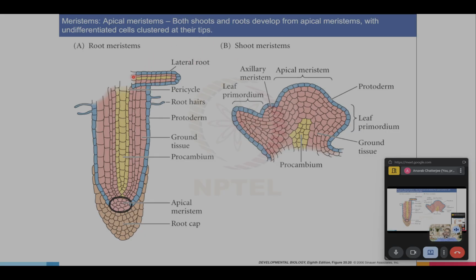So when a lateral root grows out, the tissues that contribute towards the lateral root come from the procambium, as well as the other layers, the ground as well as the dermal. So the root actually is connected to the procambium, which will later on form our plant's vascular system.